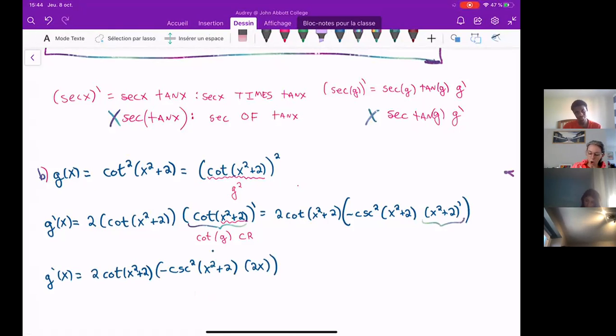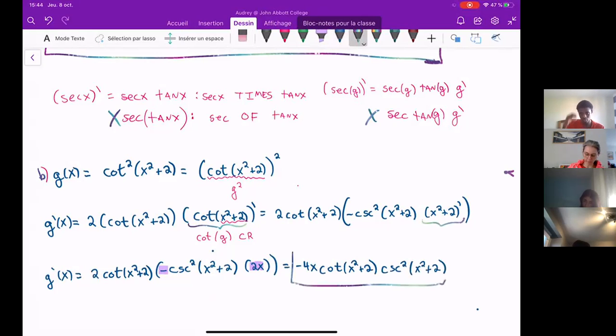And because this is all multiplication, I can simplify this. So I can move the x and the constant to the front. And that's my final answer.